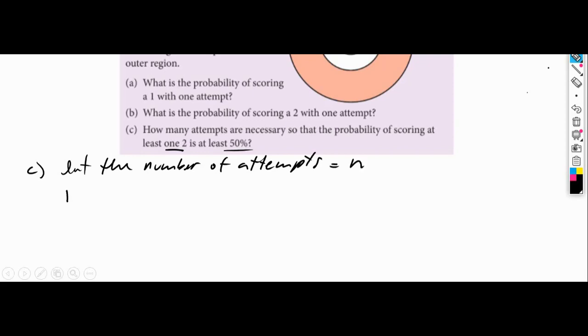Then the probability of at least one 2 is going to be 1 minus its complement, which is the probability of no 2 in n attempts.